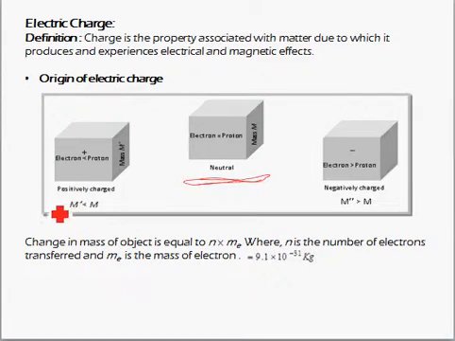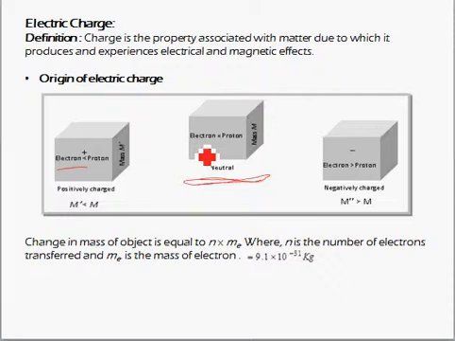The electrons, because the valence electrons are loosely bound to the nucleus, and by external effects, maybe thermal or electric field or by friction, these charged particles can be taken out of the object, for which the number of electrons in the body becomes lesser than the number of protons, and for which the body becomes positively charged.